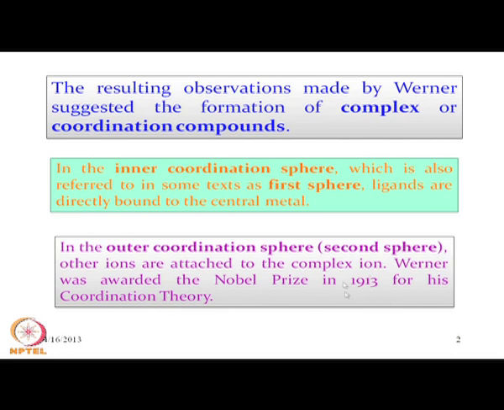So, exactly about 100 years back the subject was developed and the Nobel Prize was given in 1913 for its recognition for understanding of this particular species in its regular form at that particular point.